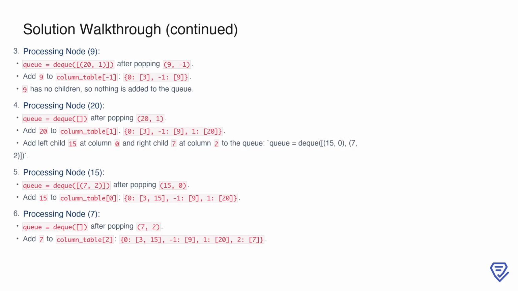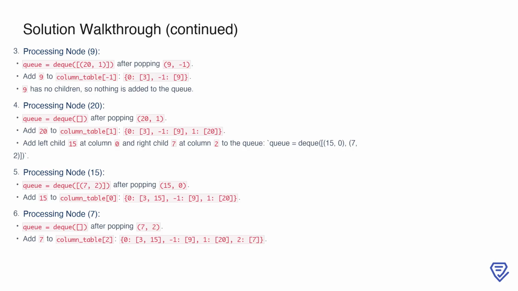After removing it, the queue temporarily becomes empty again. We add 20 to column_table 1, making the table 0, 3, -1, 9, 1, 20. Node 20 has 2 children, 15 at column 0 and 7 at column 2. These are added to the queue, which now contains 15, 0, 7, 2.